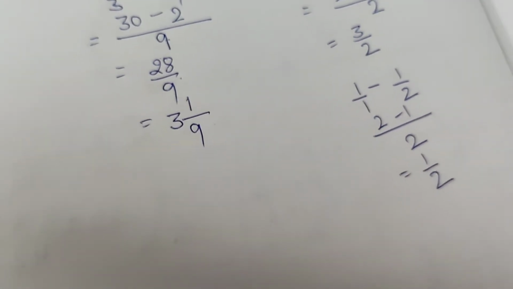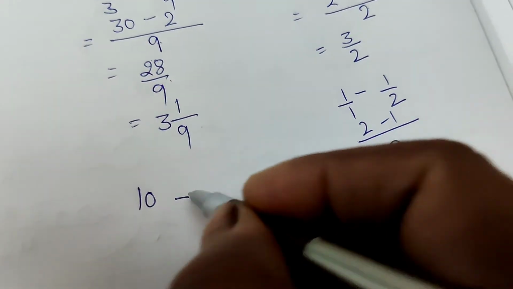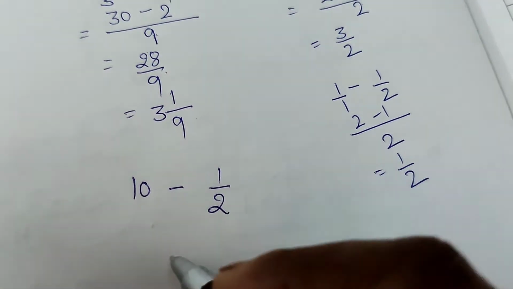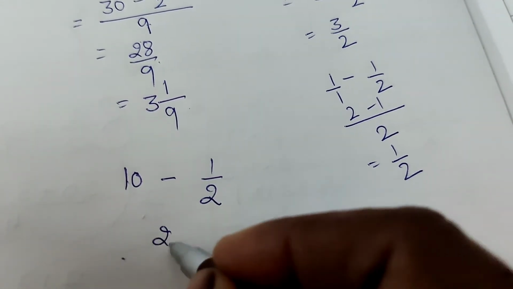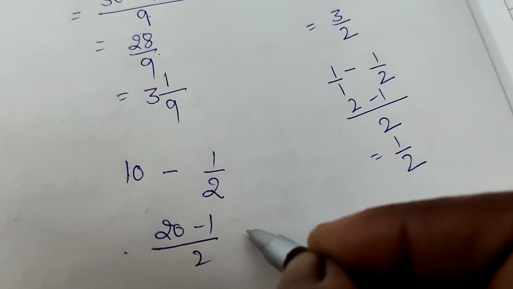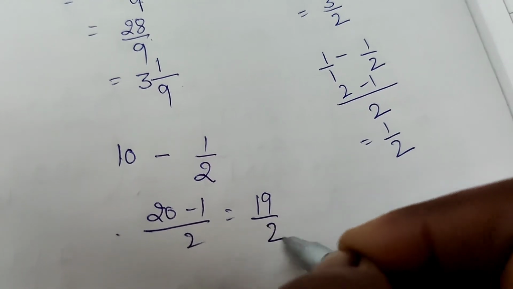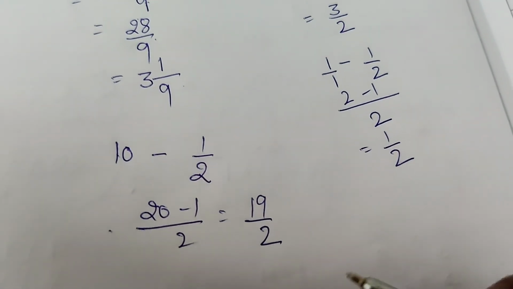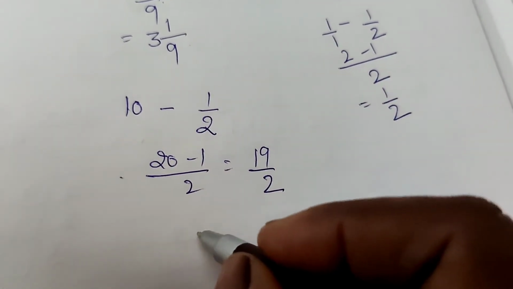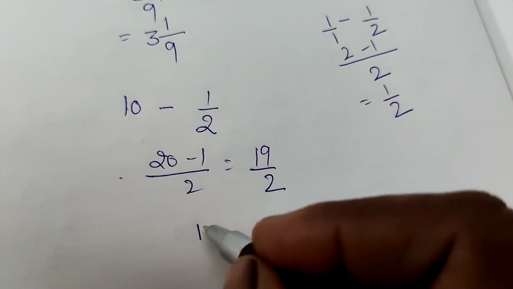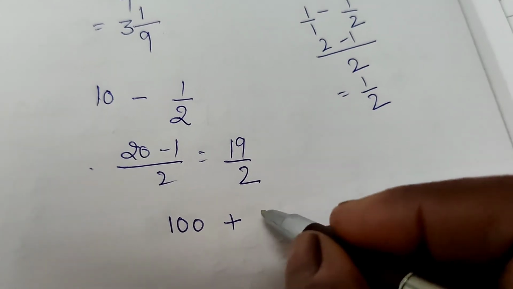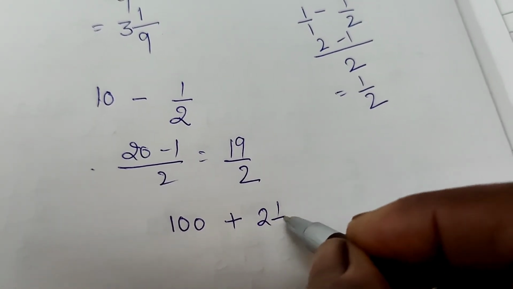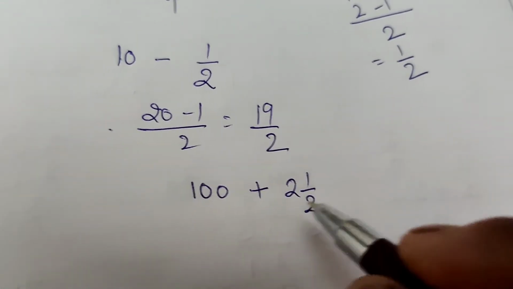Okay. If you have to subtract 10 minus 1 by 2, simply you can do 10 into 2, 20, minus 1 by 2. The answer is 19 by 2. You can do it like this. Suppose any example, 100 plus 2 whole 1 by 2. The question is like this.